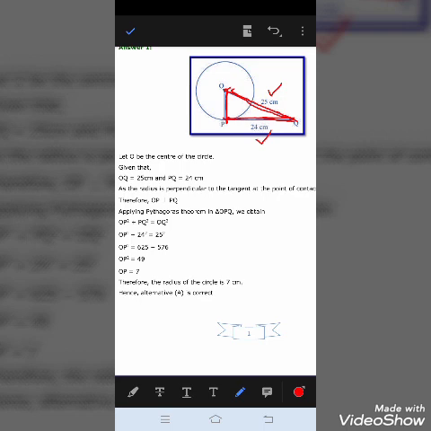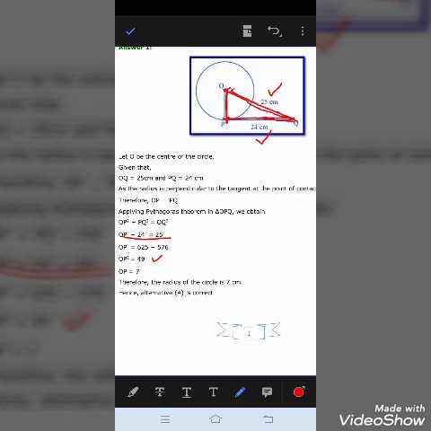By substituting the values, OP square plus 24 the whole square is equal to 25 the whole square. Squaring 24 and 25, we get 576 and 625. Therefore OP square is equal to 49.